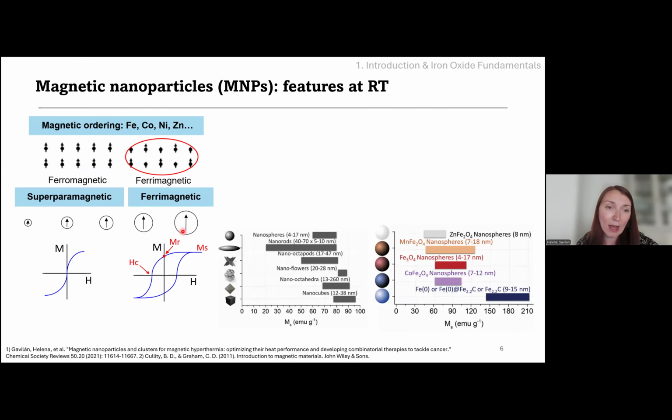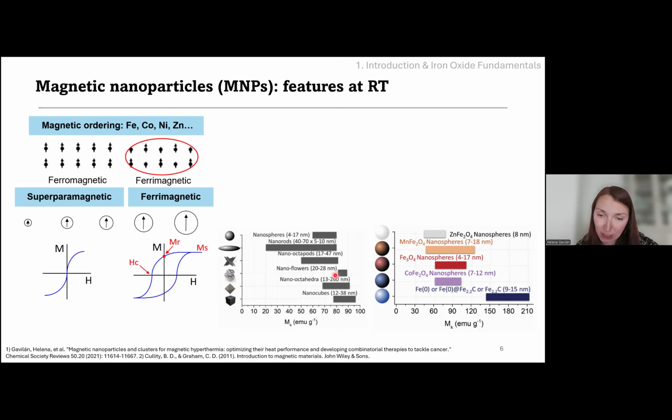So how can certain characteristics like saturation magnetization be modified in iron oxides? It's very interesting that if we change the shape, we can modify the saturation magnetization.